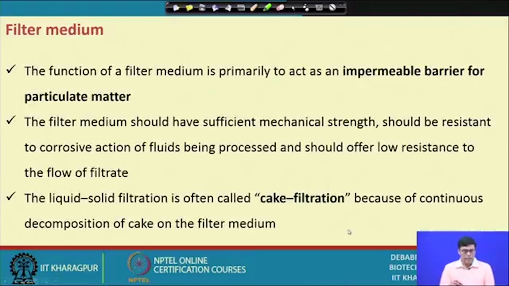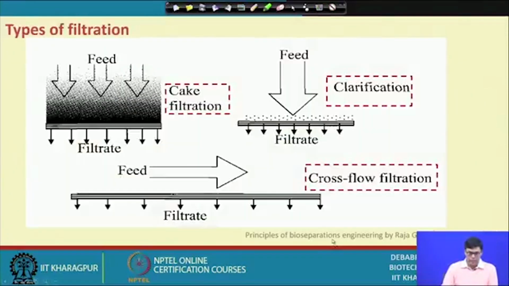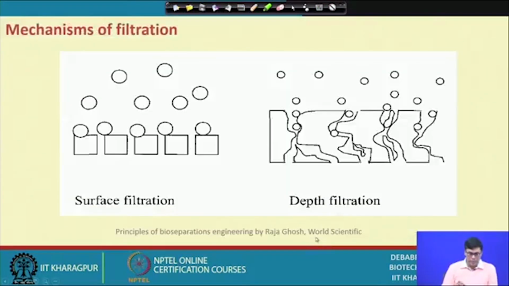Now the function of filter media is primarily to act as a permeable barrier to the particulate matter. I can give the example here. If you look at this, this is the filtration media, and this is how the particulates accumulate on the surface in the case of surface filtration.